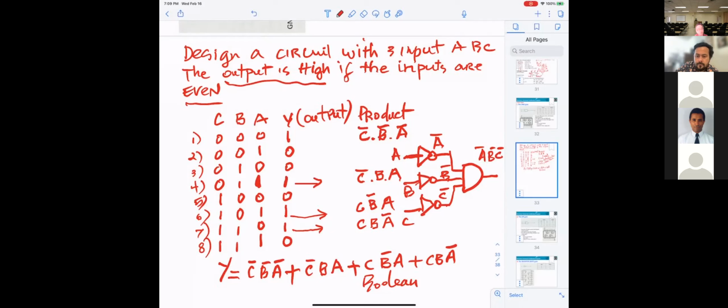When you get the truth table, you see how we get the output they wanted based on the condition. After you get the output, you are able to get the product for each combination with the output equal to 1. And when you add the products, you get the sum of products.